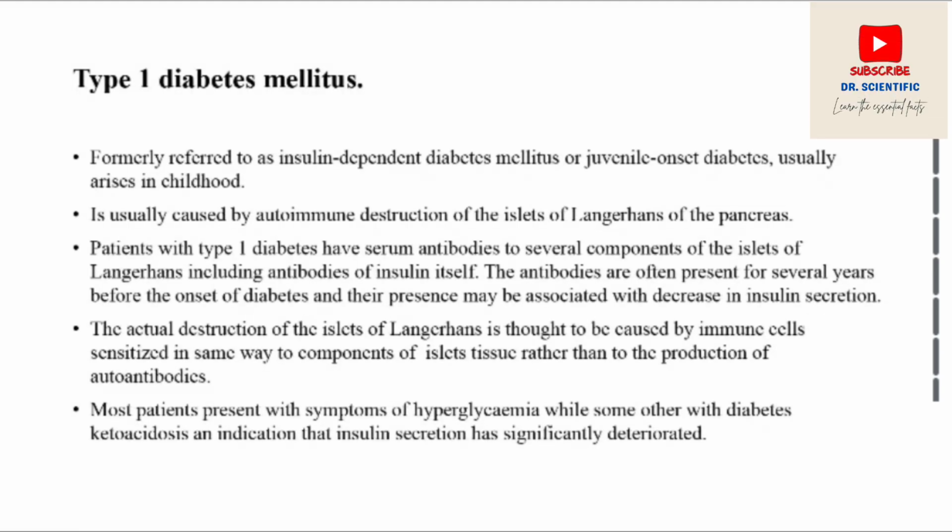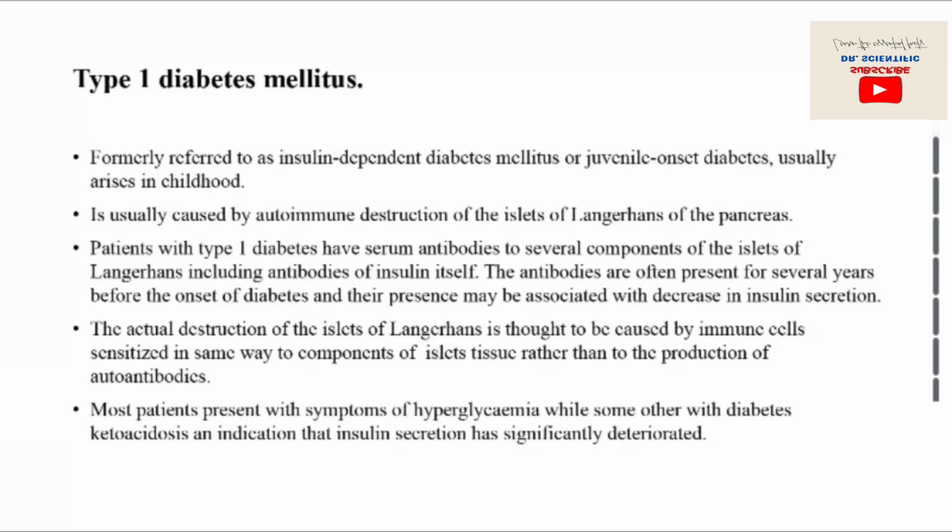So type 1 diabetes mellitus is also called insulin-dependent diabetes mellitus or juvenile onset diabetes, and it usually has onset in childhood. It is usually caused by autoimmune destruction of the islets of Langerhans of the pancreas.